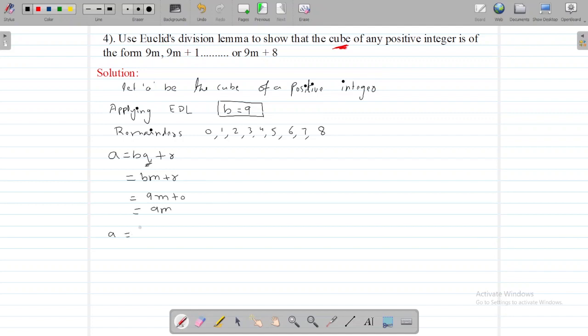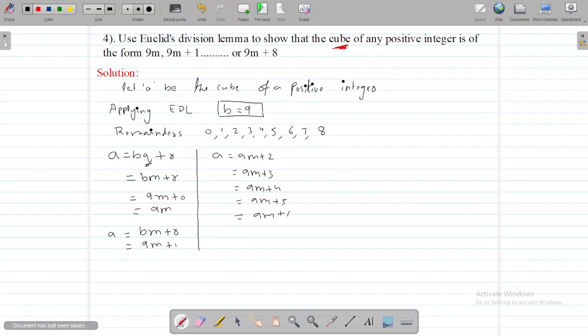So similarly, I will be writing a is equal to bm plus r. So 9m plus 1. So similarly, I can get the values of a is equal to 9m plus 2, 9m plus 3, 9m plus 4, 9m plus 5, 9m plus 6, 9m plus 7 and 9m plus 8.